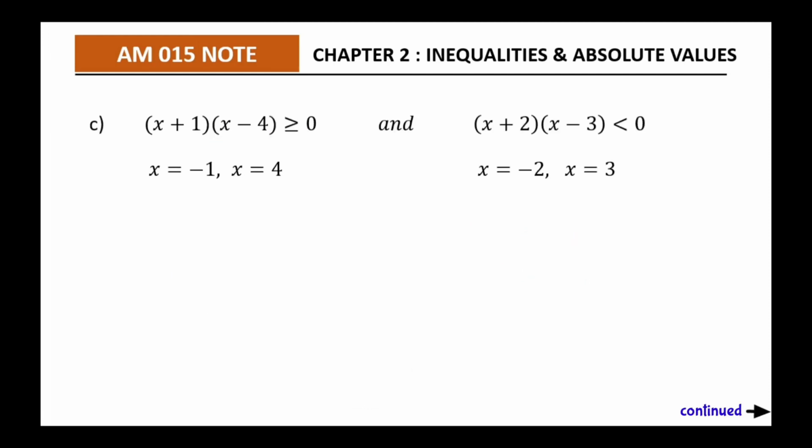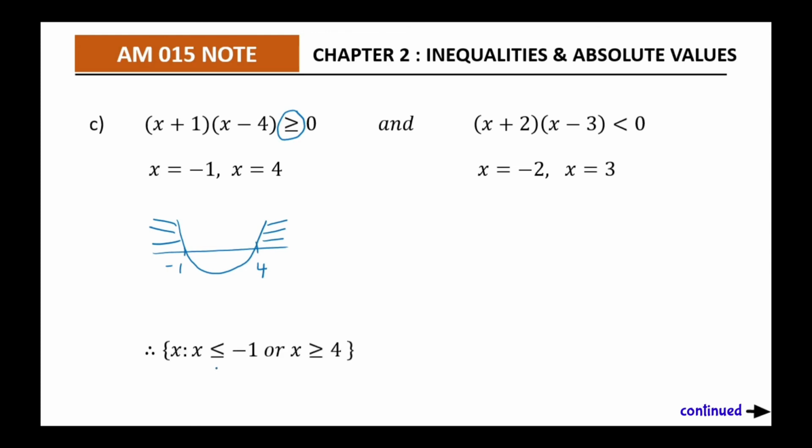Then solve. x = -1, x = 4 as quadratic, smile graph, -1 and 4. Greater than 0 means outside the graph here. And then the answer is x ≤ -1 or x ≥ 4.